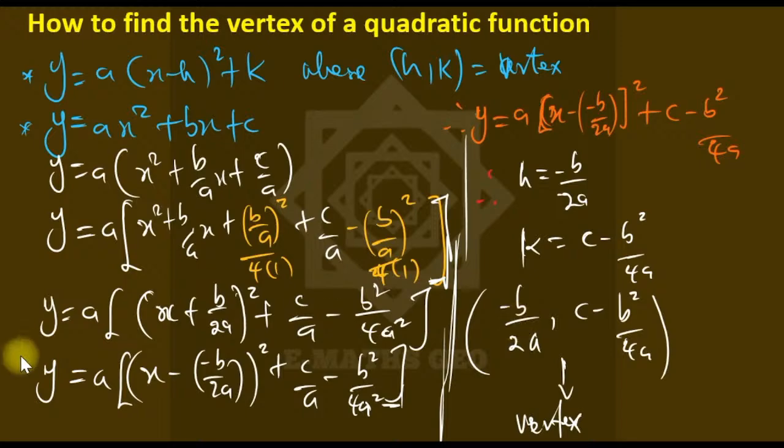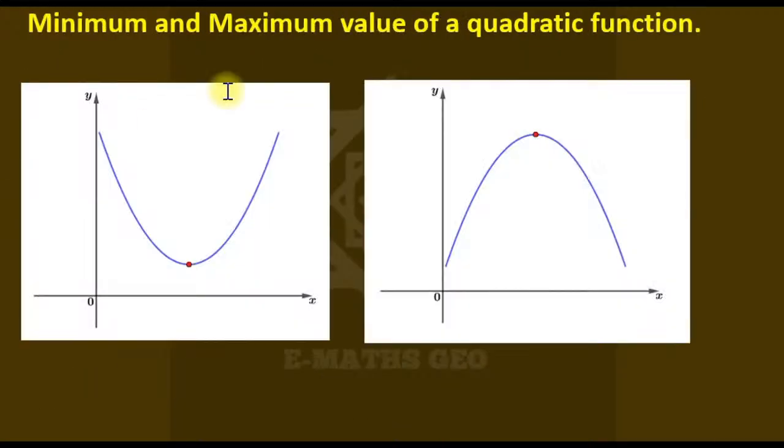So before we solve this, let's relate it to maximum and minimum. Look at this, the minimum and maximum value of a quadratic function. It has something to do with the vertex. As I've said before, the quadratic function is either concave up or concave down.